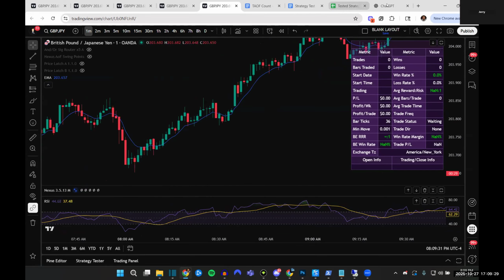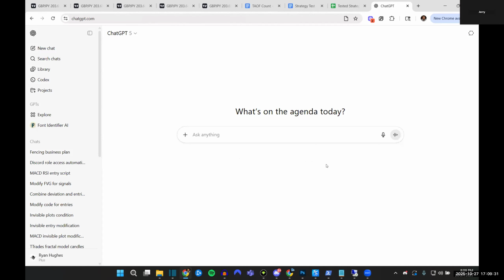What I'm going to do now is jump over here to our friend ChatGPT and dictate to it. Write me a Pine script code that has a 9 period EMA and an RSI. When the price crosses up above the 9 period EMA and the RSI is above the 60 level, that will be a long trade entry, and I want you to plot a green up triangle.